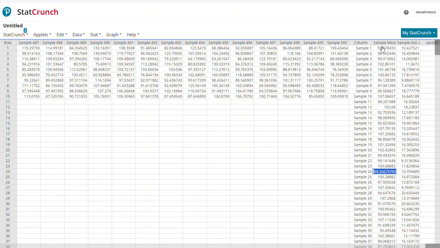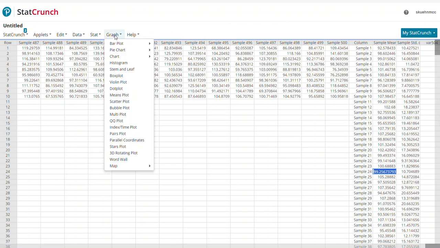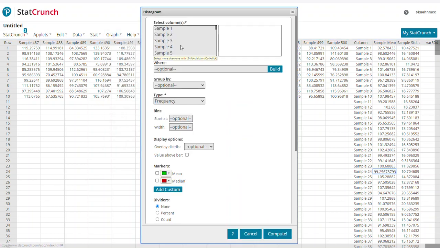So remember, our sample mean is going to be a continuous variable because you can see we have all these different values showing up. So I'm going to go graph, histogram, scroll down to the bottom, and I want to create a histogram for the sample mean column, and I'm going to add the average of that column to the histogram.